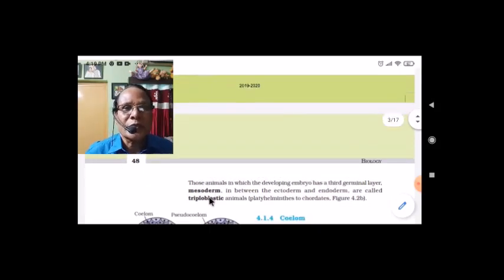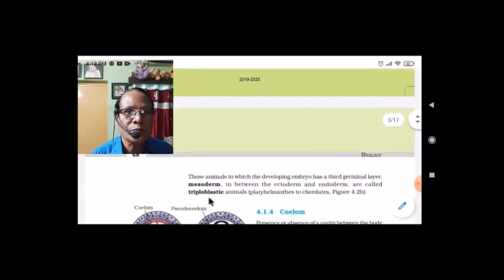For example, platyhelminthes, aschelminthes like roundworms, annelids, arthropods and mollusks, then non-chordates and chordates. We have the triploblastic condition including the echinoderms. Though echinoderms, the starfishes, have radial symmetry, they have a triploblastic condition regarding the body wall.